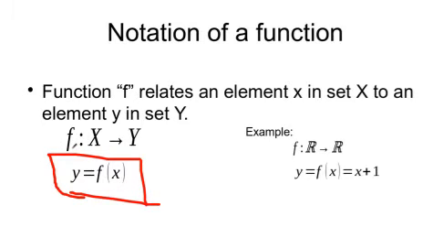So this is the notation: function f, set X is mapped to set Y. You can also write it as y equals f of x. In simple terms, y is a function of x, right? So as an example, let's take this.